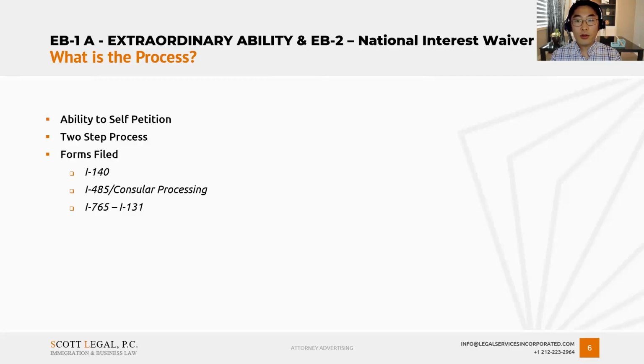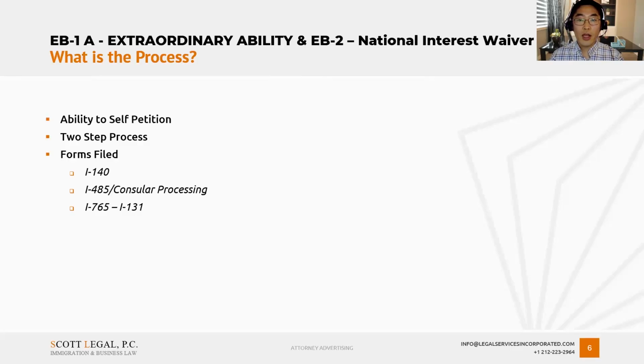If your priority date is not current, then you will need to wait until a visa number becomes available before filing I-485. If you are filing I-485, then you will also have the option to file I-765 work authorization and I-131 international travel authorization as well. Another option is consular processing.